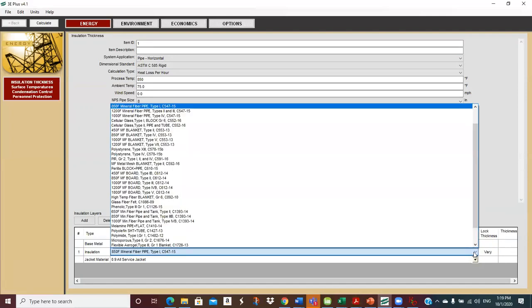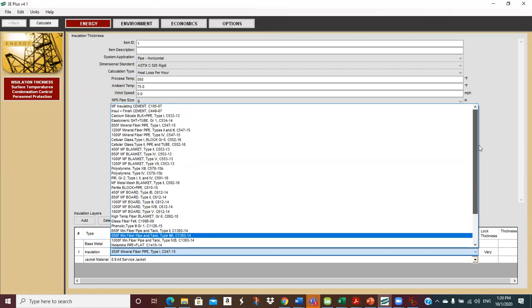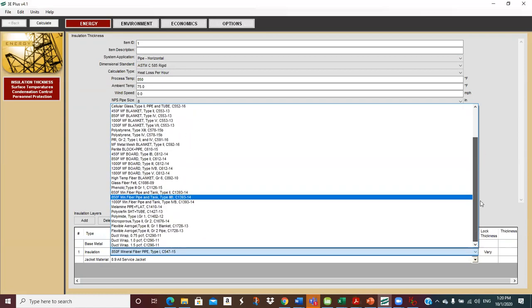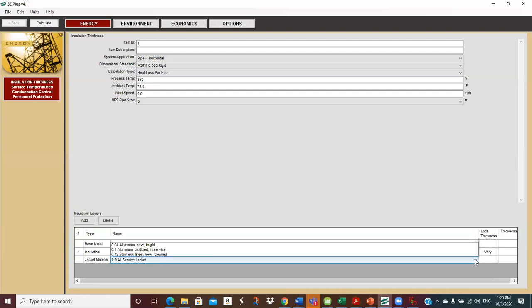And there's some of the insulations. So you can see, sometimes you have a hard time figuring out which one you ought to be running. But all the way down to there and all the way up to there, so you got a pretty good choice. What is that, about 30, something like that. And then here's your jackets.